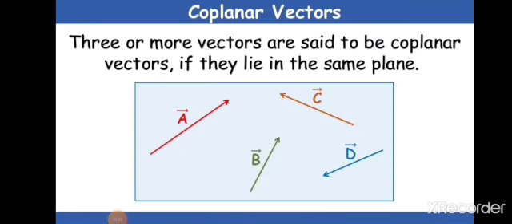Here vector A, vector B, vector C and vector D are lying in the same plane. Either they are all in one direction, or all in two dimensions. In this example they all lie in the same plane.